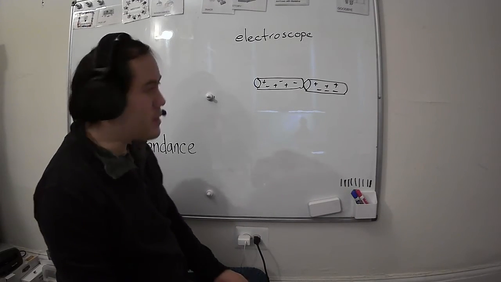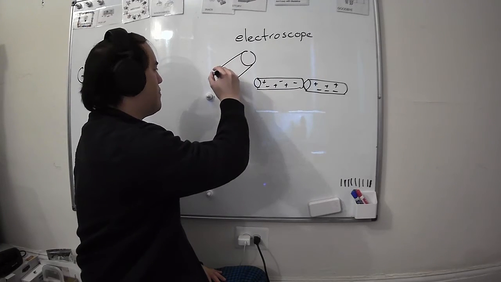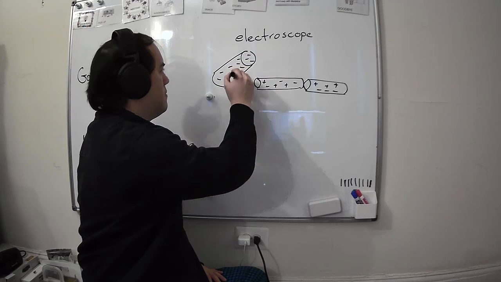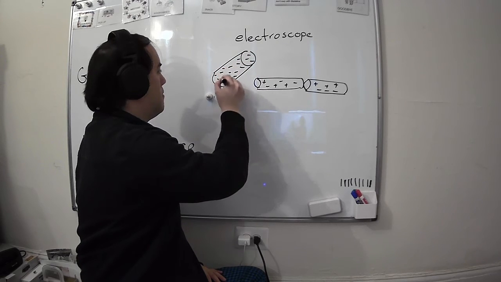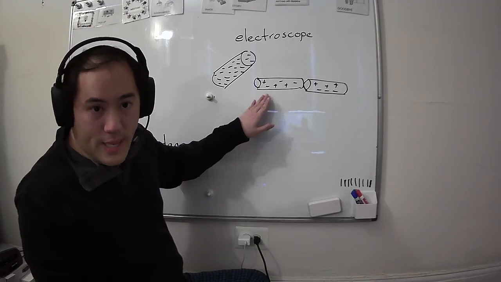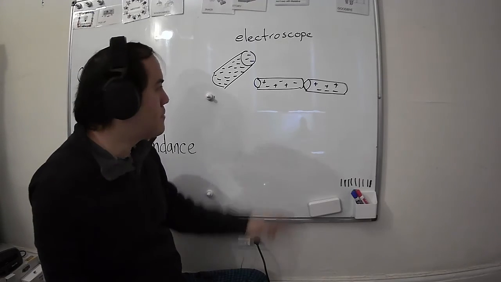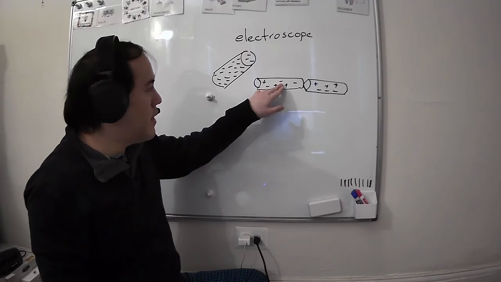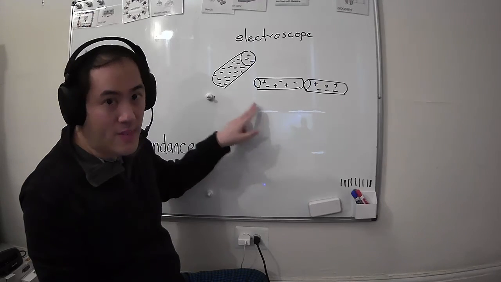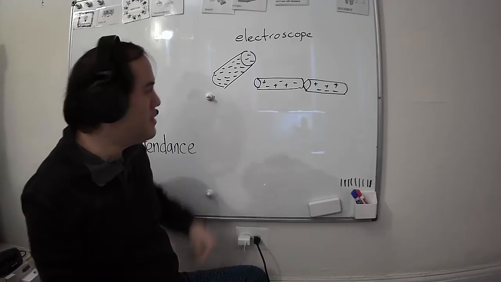And I bring something super large and super negative very close. All the pluses can't move, but all the minuses can. These minuses are repelled by these minuses, but not as much as they're repelled by this gigantic negative blob.